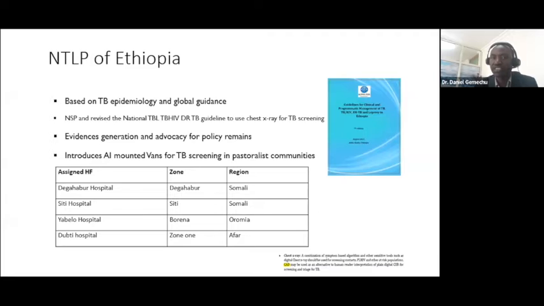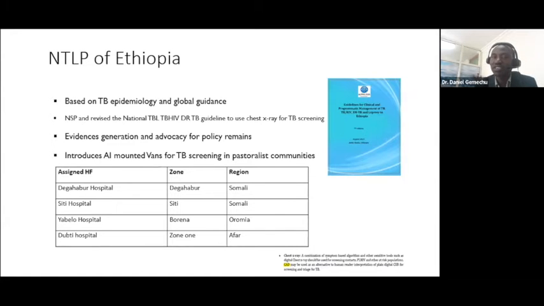Following this revision of the guideline and strategic planning, the country introduced 4 AI-mounted vans. These are introduced to pastoralist communities. The communities are very mobile. We cannot really fix a facility and make them come and use the service.